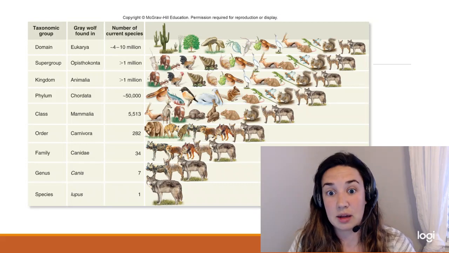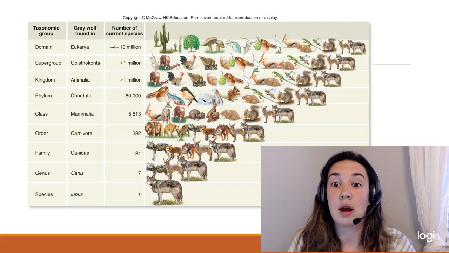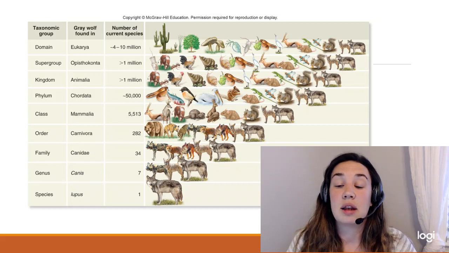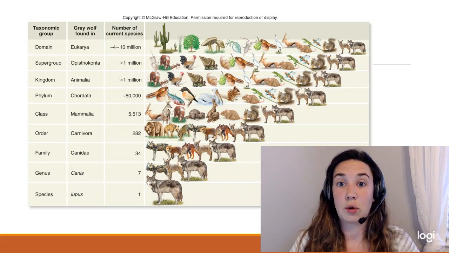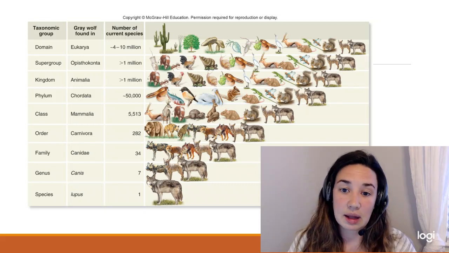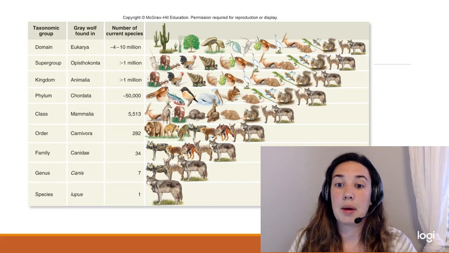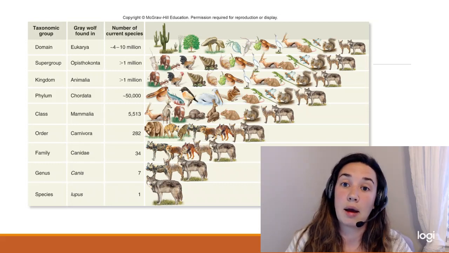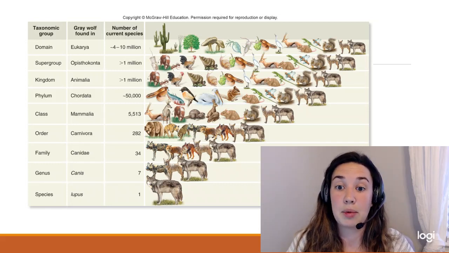Then we have kingdom, so it's classified even further. Under kingdom, it is Animalia, it's not a fungi. Then we have the phylum, which is Chordata, which is our backbone or spinal cord. The class, which is mammals, so we have all of our hair-bearing, milk-producing mammals in the Mammalia class.